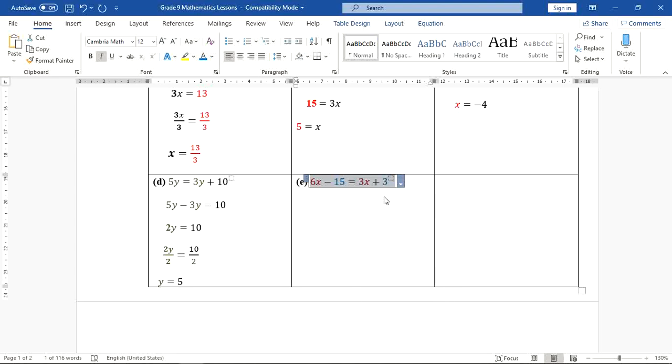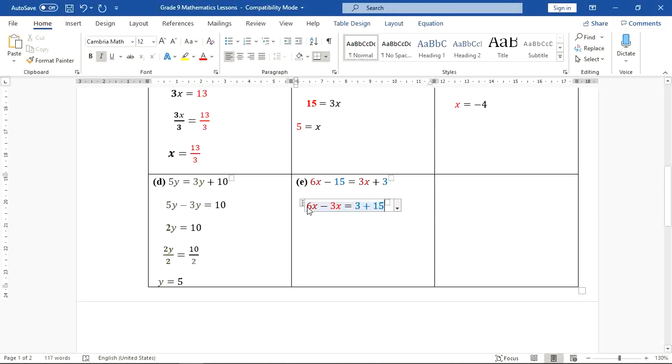And if we do that, the signs are going to change, because every time you move a term from one side to the other side of the equal sign, the sign must change. So it's going to be minus 3x. Let's keep it red. Okay, and 15, moving 15 to this side, it was negative, now it's going to be positive 15.